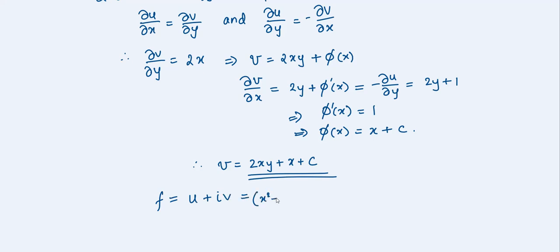Which is x square plus y square minus y. Sorry, x square minus y square minus y plus i times 2xy plus x plus c. Okay.